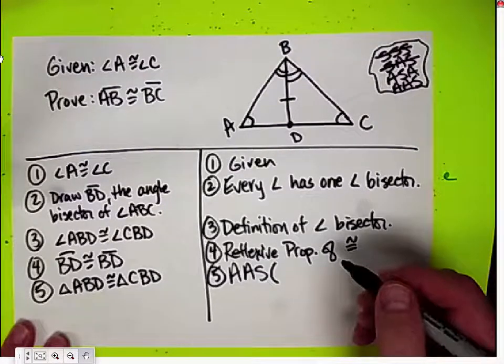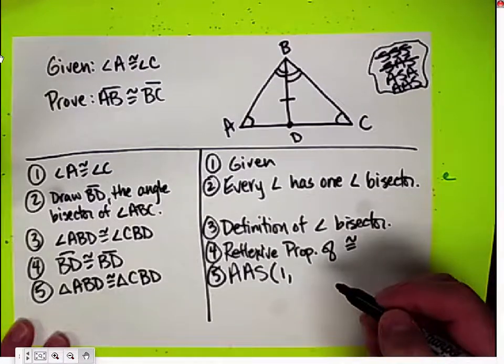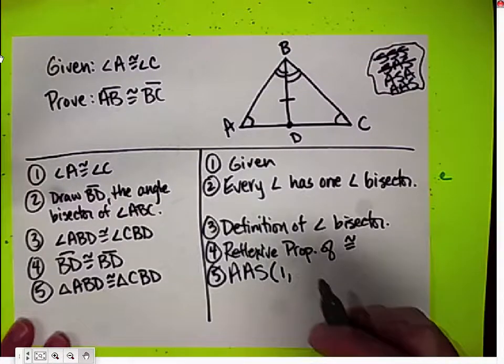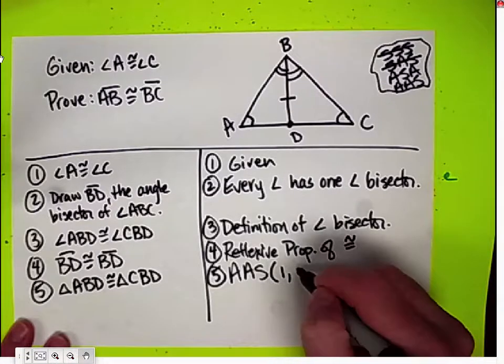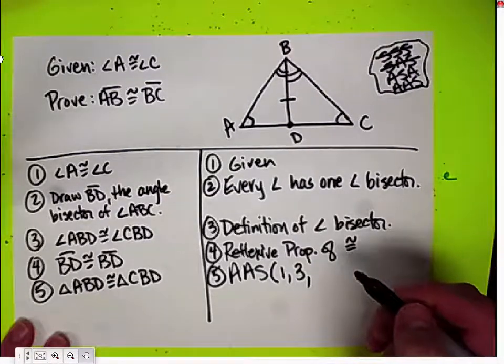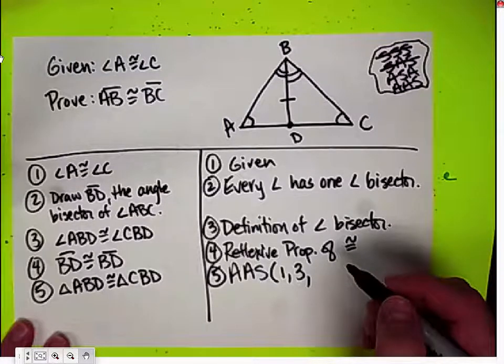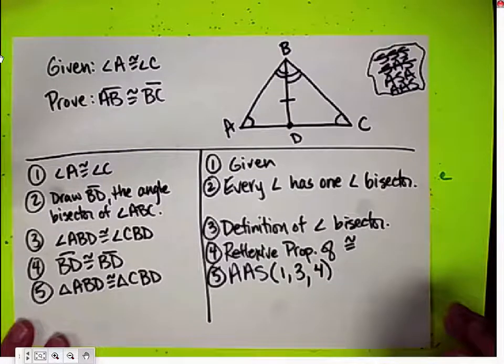Now, what step did we say the first pair of angles were congruent? Step 1. What step did we say the second pair of angles were congruent? Step 3, since step 4 has nothing to do with angles. And what step did we say the pair of sides were congruent? Step 4. Okay. Are we done? Nope.